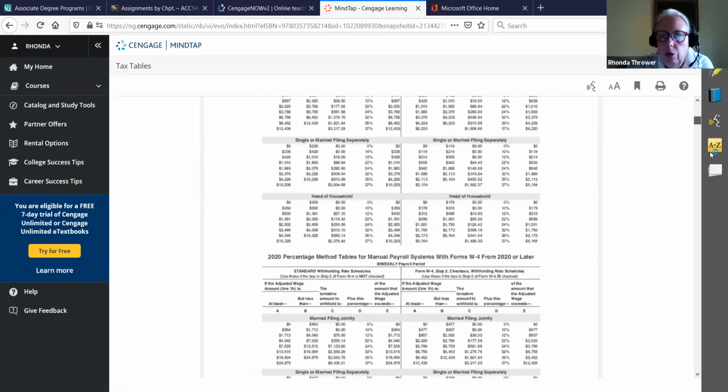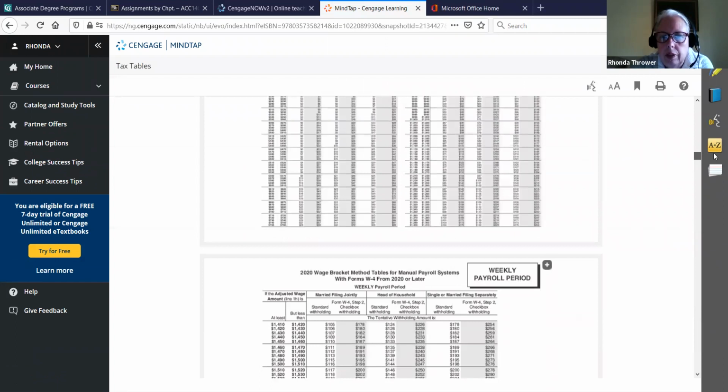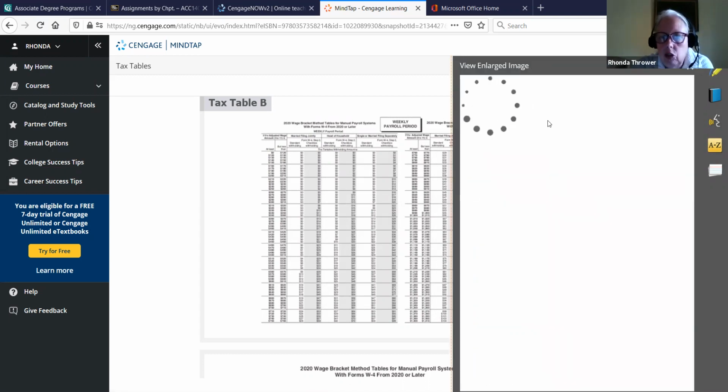Then we're going to scroll through the tables until we find the wage bracket method. We want the weekly payroll period, which is tax table B. I'm going to expand this so I can see it. I'm going to enlarge the image.